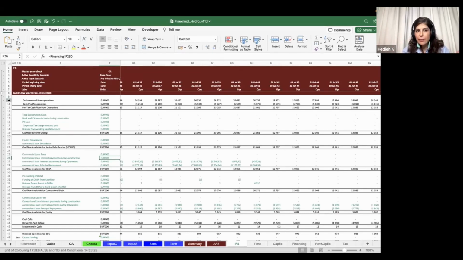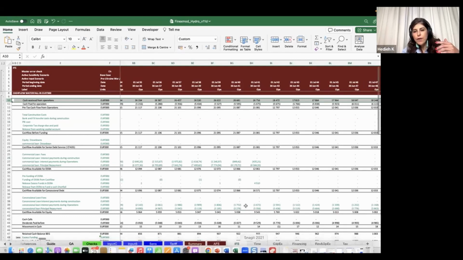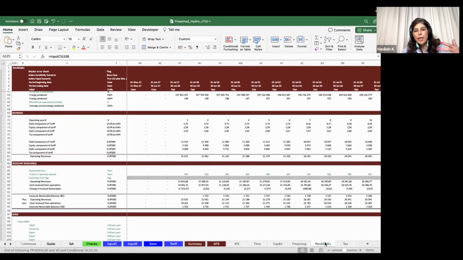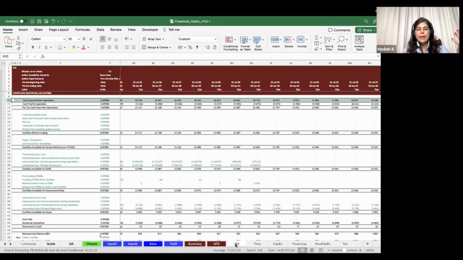I start with the revenues, so I have a revenue tab, which takes into account all the revenue calculations. Then the next line in the cash flow waterfall is the OPEX, so I build my OPEX line, I build my CAPEX, and I use it as a roadmap to build the different modules in my model.